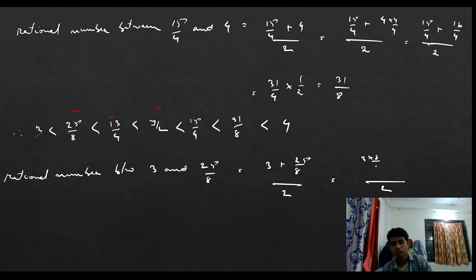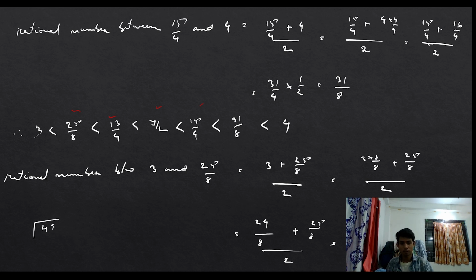That will give 3 into 8 by 8 plus 25 by 8. 8 3s is 24 by 8 plus 25 by 8 whole divided by 2. 24 plus 24 will be 48, 48 plus 1 will be 49. 49 by 8 into 2, 16. So 48, yes.